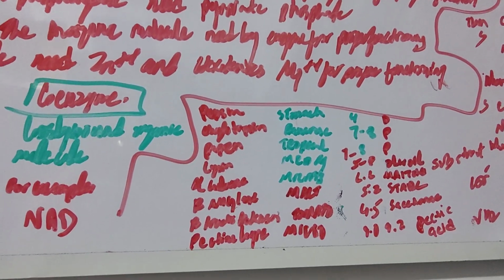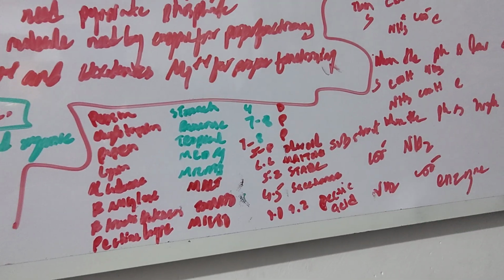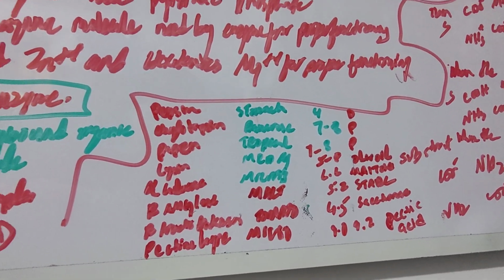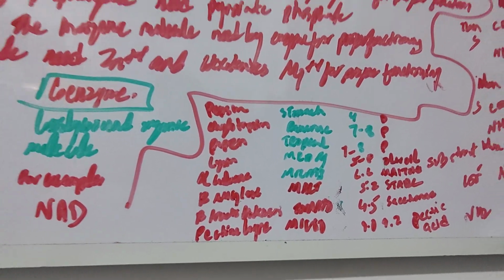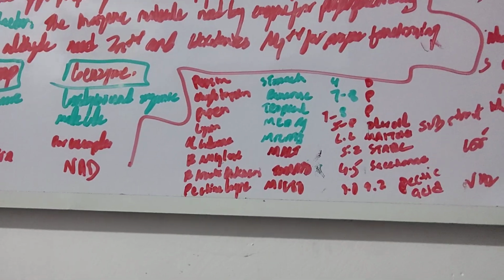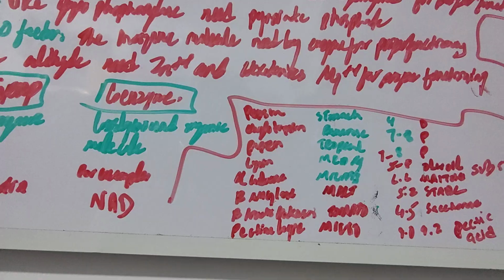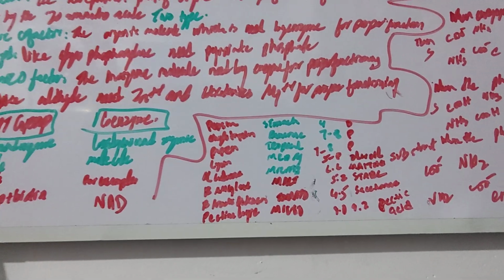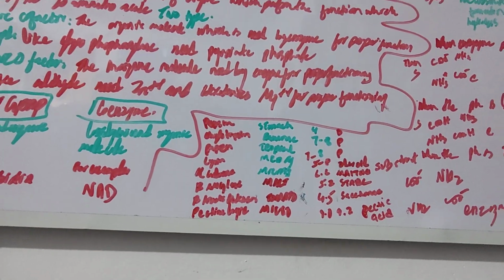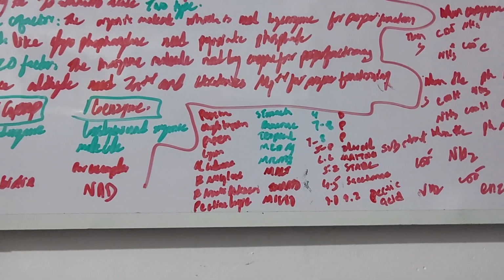Then we have alpha glucosidase. It's also from microbes, works at pH 5.2 to 6.6, and helps in the digestion of maltose. Then we have beta amylase, which works at pH 5.2 and helps in the breakdown of starch.